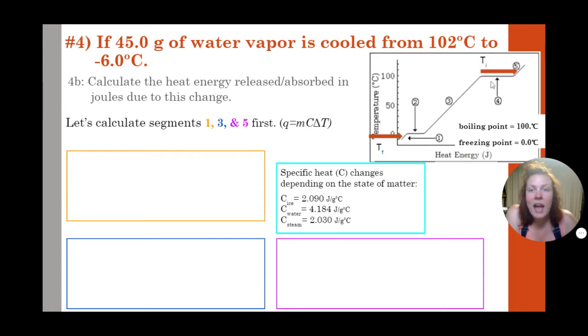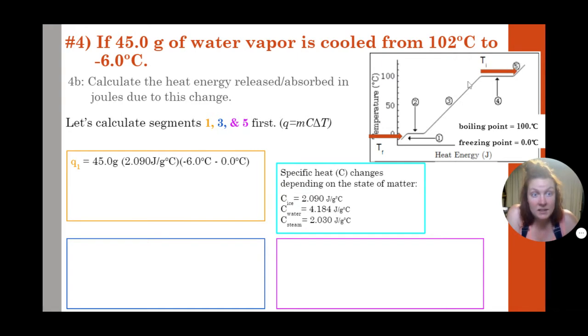So let's take a look at segment number 1. Our T initial for this would actually be 0 degrees, because segment 1 doesn't go any higher in temperature than 0 degrees. We're not going to say that our T final for segment 1 is 102 degrees Celsius, because segment 1 doesn't get anywhere near that.